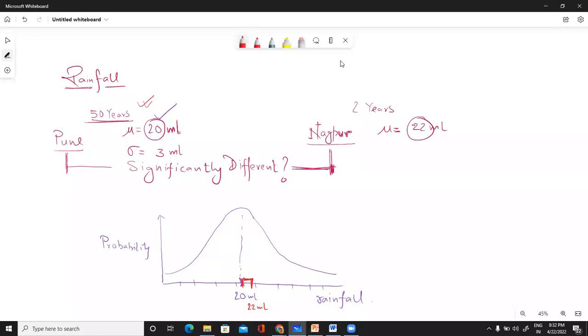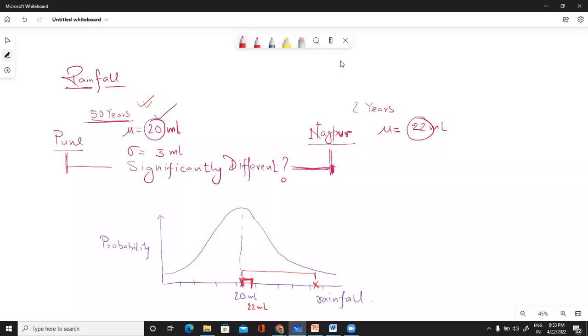If it is varying too much, then we can say that this little bit of distance can just happen by chance. Otherwise, if we get a value somewhere here, we will say that this much distance cannot happen by chance.